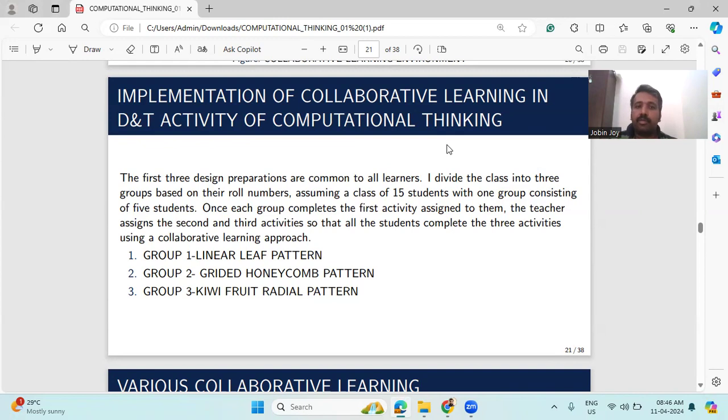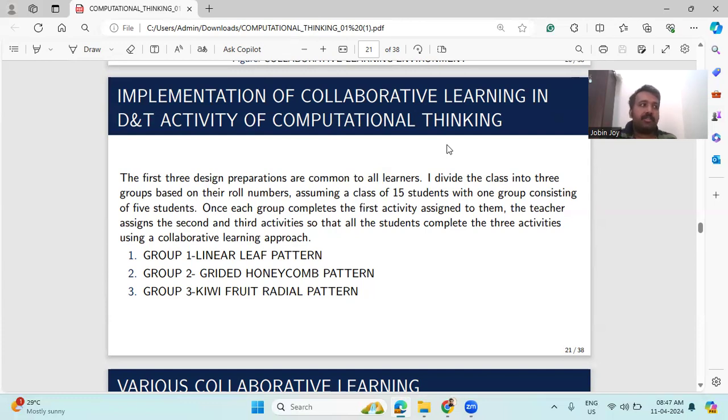Based on their roll numbers, assuming a class of 15 students, each group consists of 5 students. I will give the linear leaf pattern activity to group 1, the gridded honeycomb pattern to group 2, and the kiwi fruit radial pattern to group 3. Those 5 students discuss their topic and interact with each other.